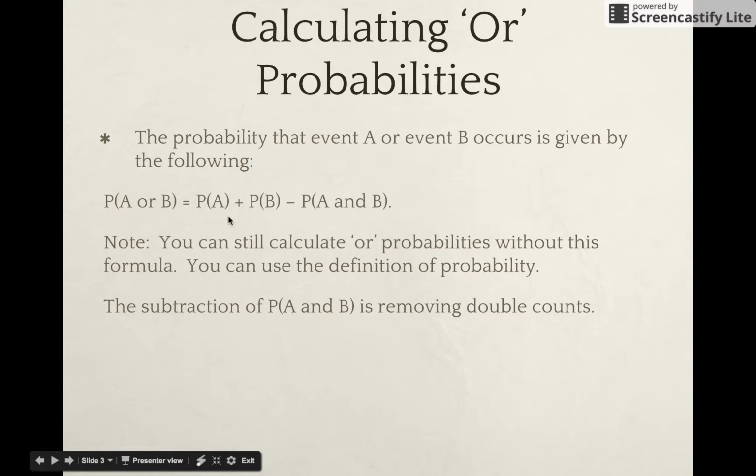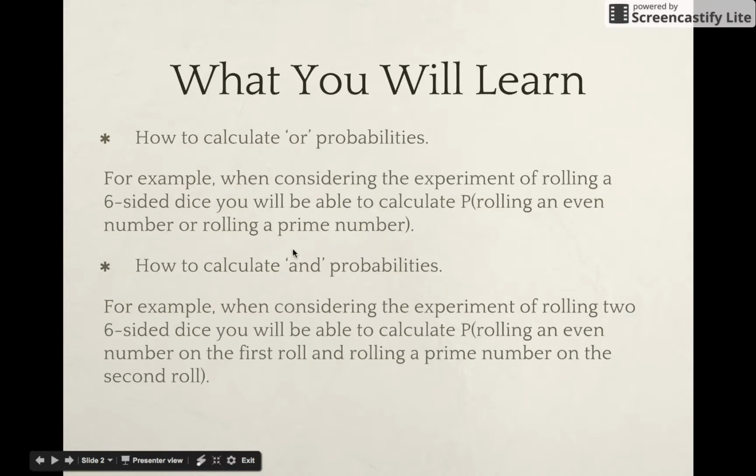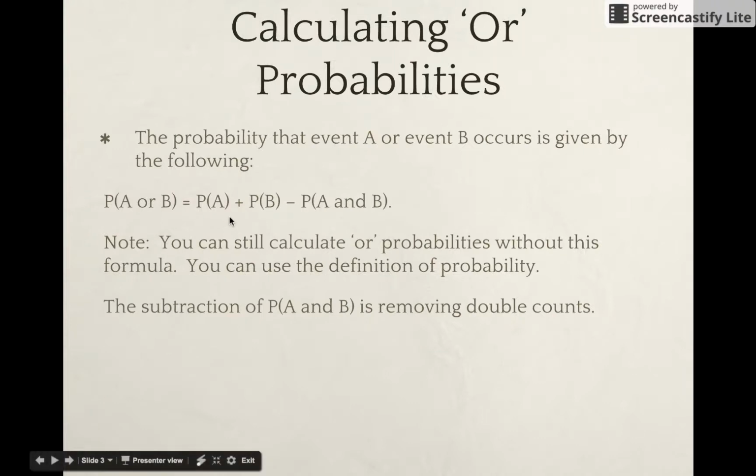They're somewhere in here when A and B both occur. We've counted them twice. So the removal here of the probability of A and B is making us only count each outcome one time.